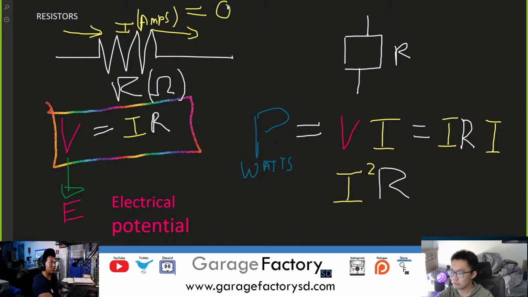Amps are coulombs per second, and a coulomb is a quantity of charge. So the amount of charge per second is amps. And if you want to solve for watts, you need to know I and V, or I and R, to get watts, which is the power, the amount of power you consume per second.